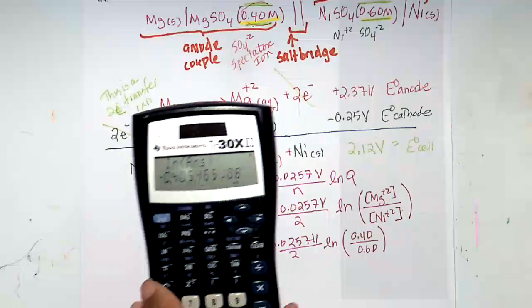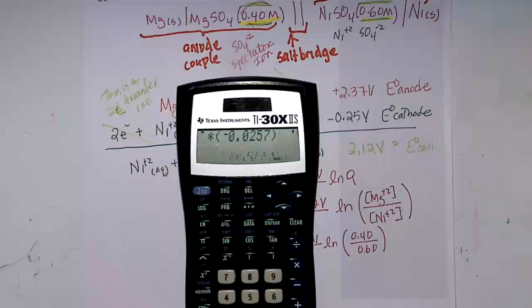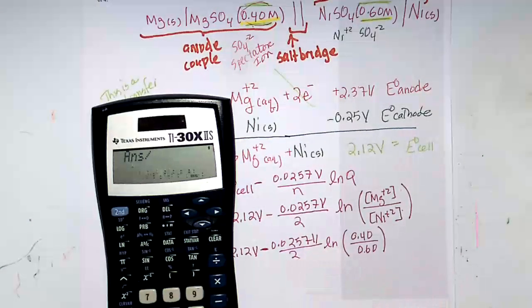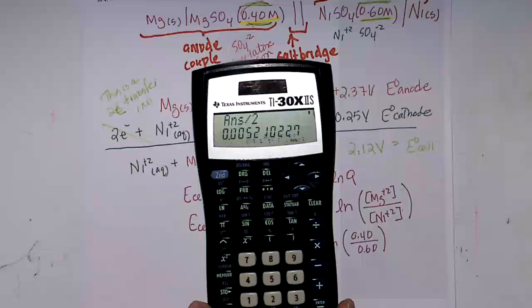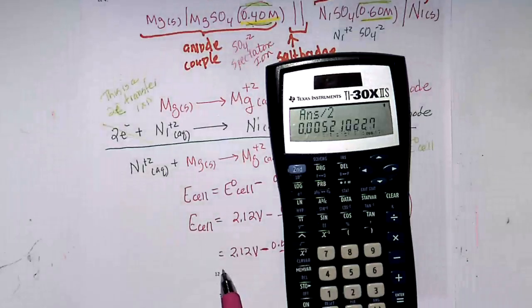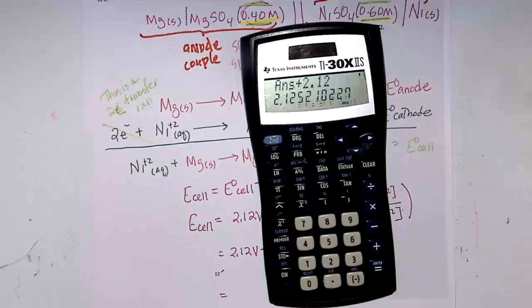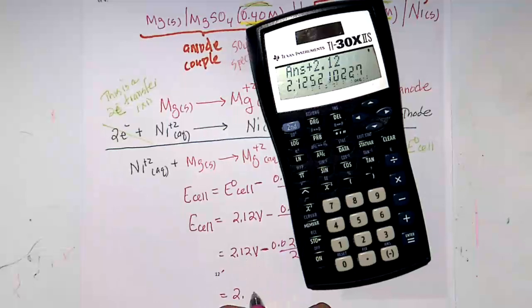There's a negative there. Okay, we're going to divide that by 2. All right, plus the 2.12, okay, which is E cell. Not much of a difference here, 2.13 volts, okay, if you round up.